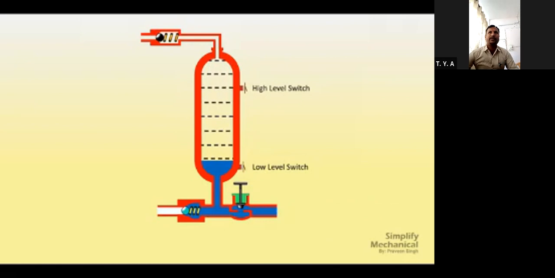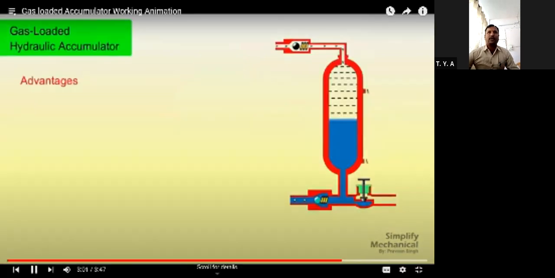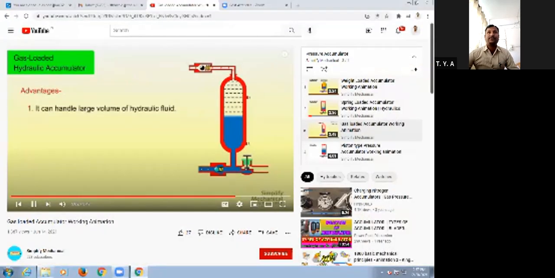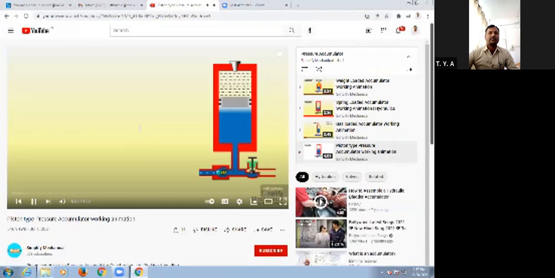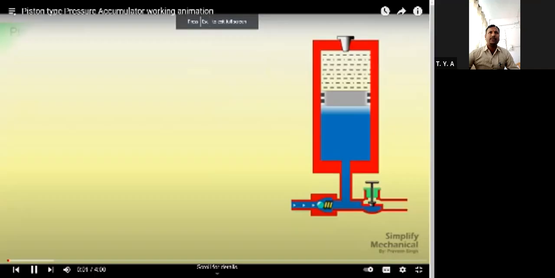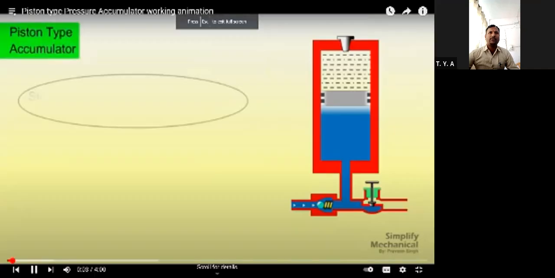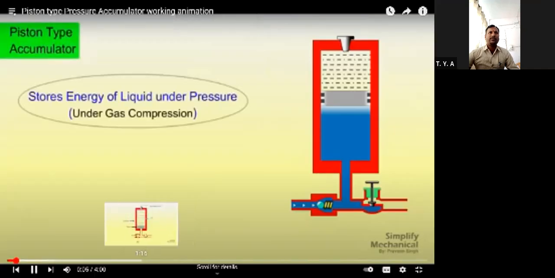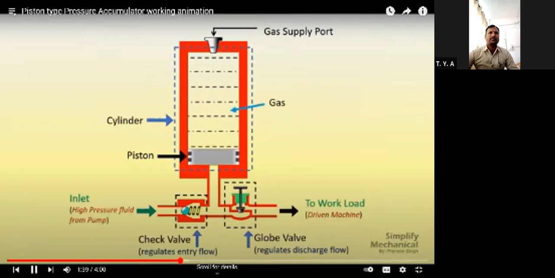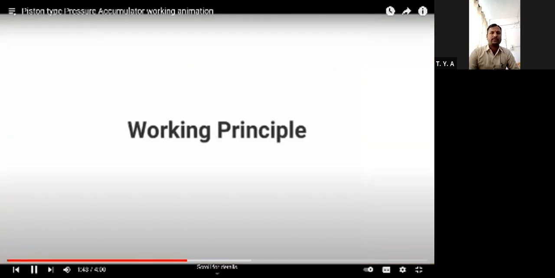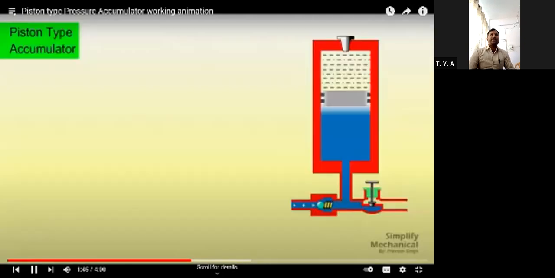The spring loaded. Now I will show the piston type. Please tell me in the chat box. I will show now. Piston loaded. That's a piston type accumulator.